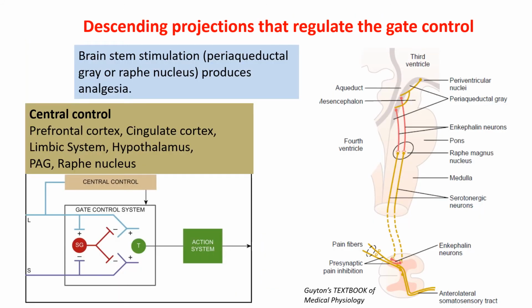Now, just trying to summarize the descending projections that regulate gate control theory, you can see on the other side you have the periaqueductal gray, with a periventricular area wherein a large amount of enkephalins are released when you are stimulating it, and also whenever the pain is ascending up.